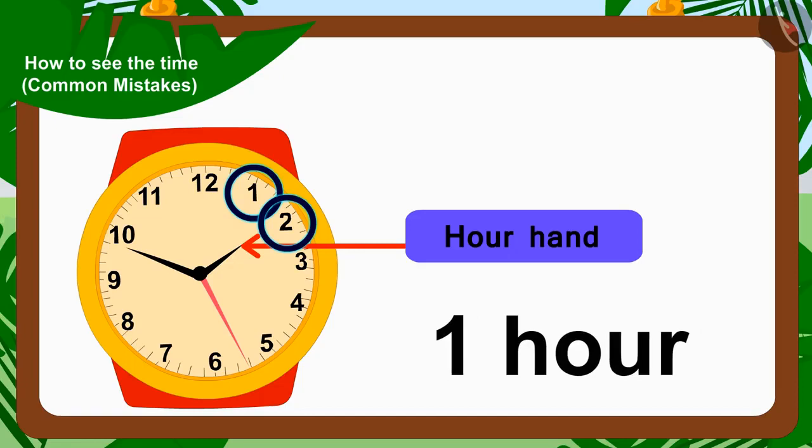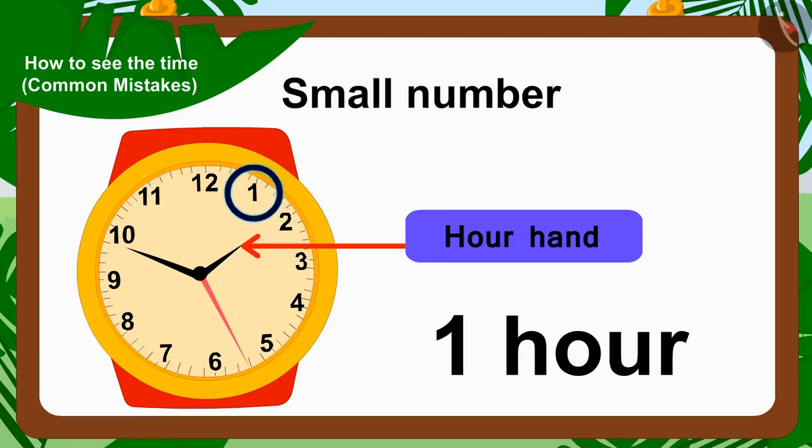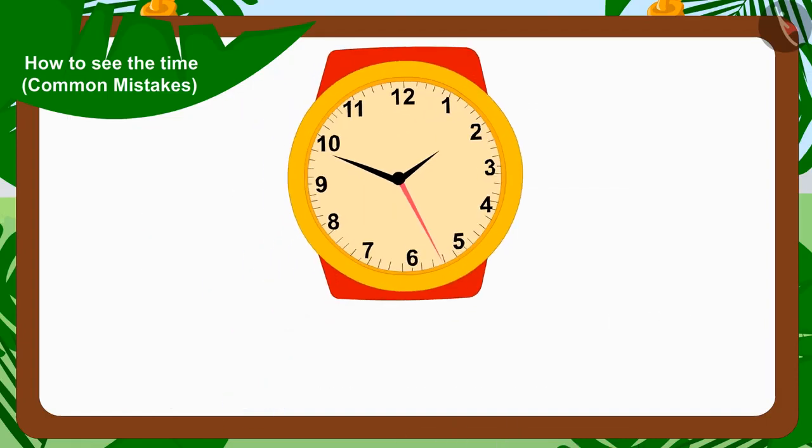But Babban understood it as 2 hours. Children, remember that whenever the hour needle is between any two numbers, we always have to take the smaller number of those numbers in the hour count. What is the right time this?